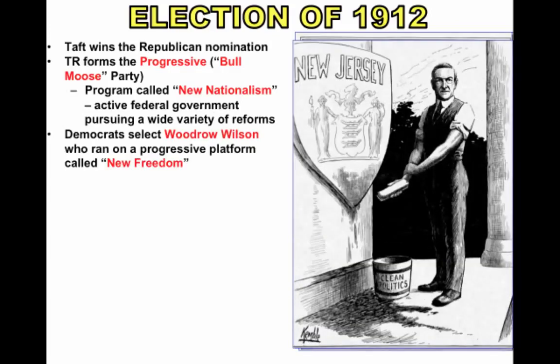The Democrats pick a guy by the name of Woodrow Wilson, who had a reputation for cleaning up politics in New Jersey. He runs on a progressive platform of New Freedom, once again also calling for reforms, but especially tariff reform, bank reform, and antitrust laws.